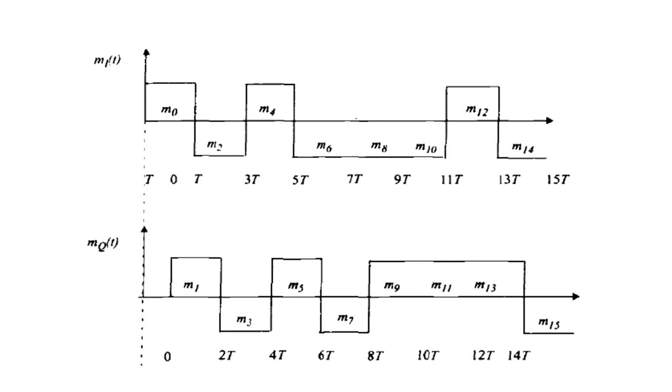So half a symbol period, we are providing a delay in this quadrature component. So when we compare both during the transition time, there is no chance of a 180 degree phase shift. So the transition will be limited to plus or minus 90 degrees. So everywhere we can see a slight delay here with the mQ of t.